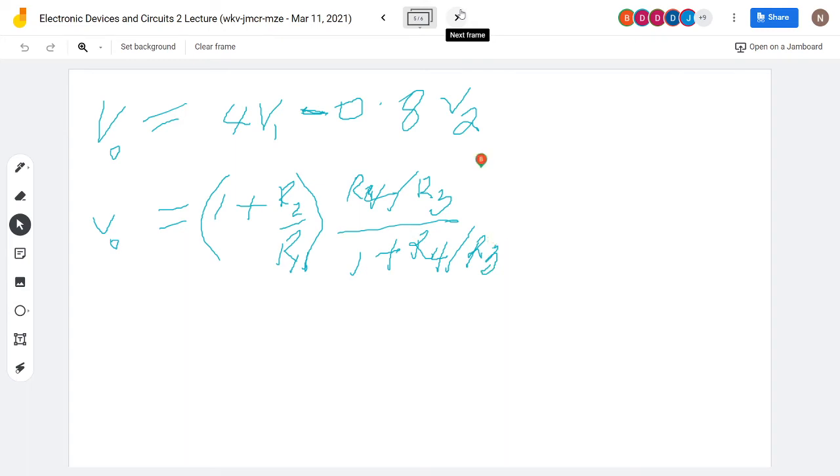And that is multiplied by V1 minus, it was what? R2 over R1 times V2, because it doesn't really matter. Remember before I showed you that it was supposed to be this.